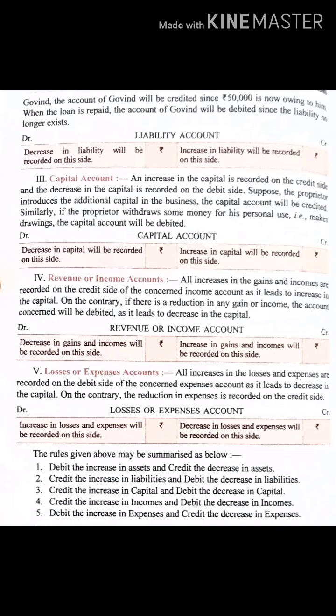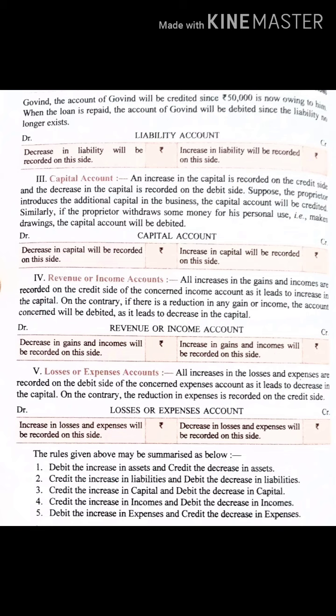Okay. Now next is the capital account. An increase in the capital is recorded on the credit side, and the decrease in the capital is recorded on the debit side. Now suppose the proprietor introduced additional capital in the business. The capital account will be credited.